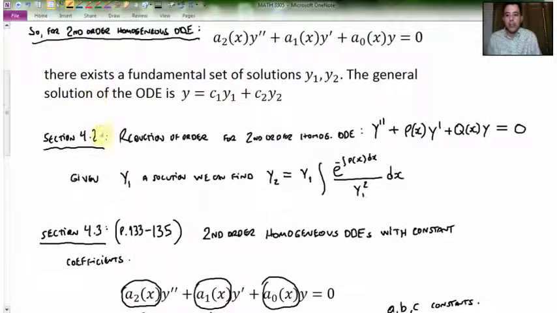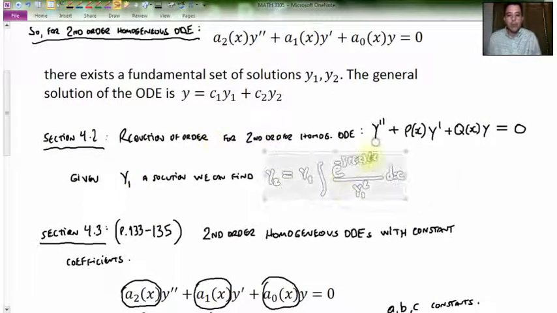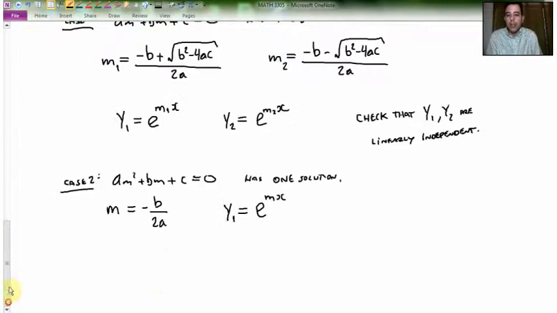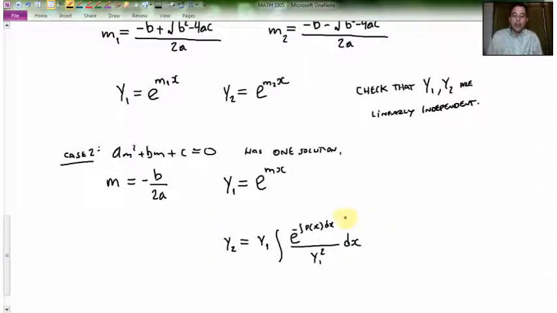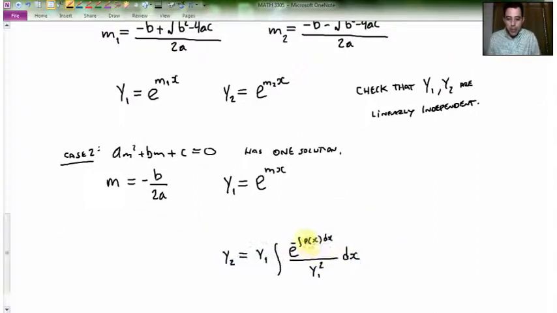And so here's section 4.2. If we have one, we can find the other one. So we can simply use this formula here to find a second solution. Okay, so just remember, in this formula here, you have to have the p of x. Let me write the p of x here for you. We have the original ODE here.